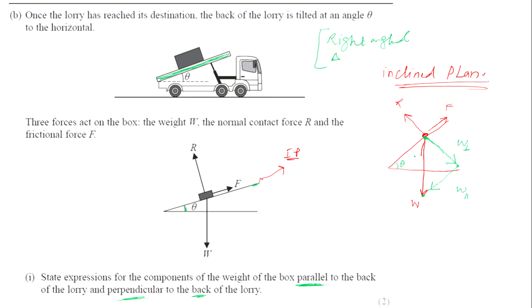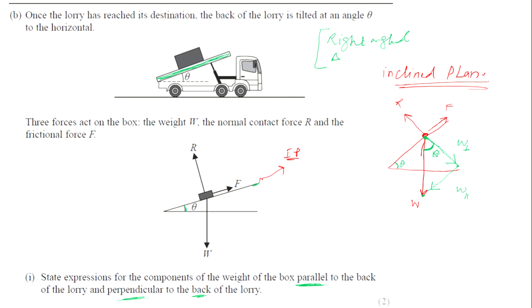If you use your geometry, I don't have much time, in some other video I will explain that, if this angle is theta, then we can easily show that this angle inside this right angle triangle must be the same as this. If this angle is 30, it will be 30.